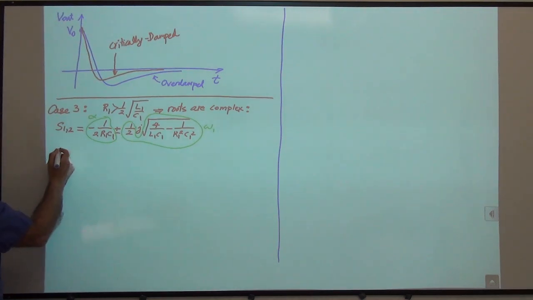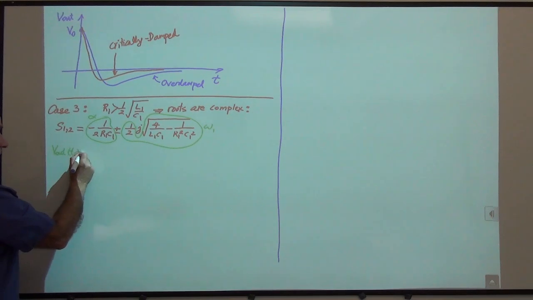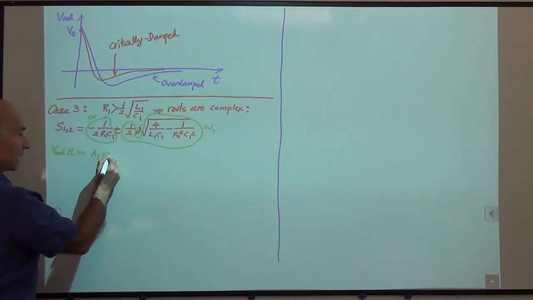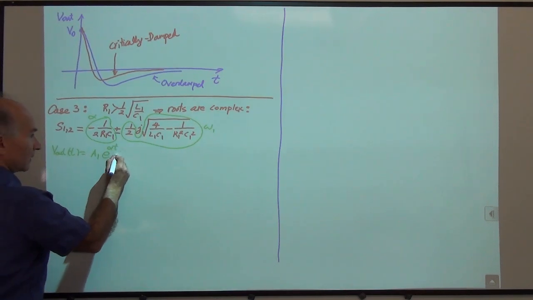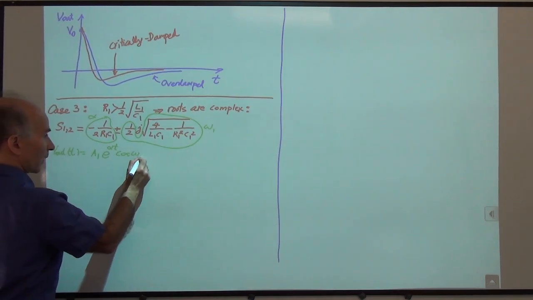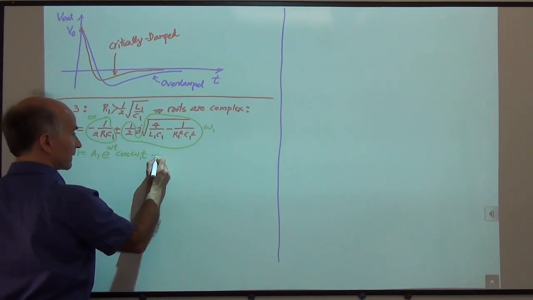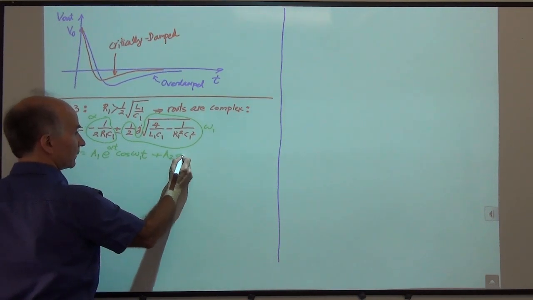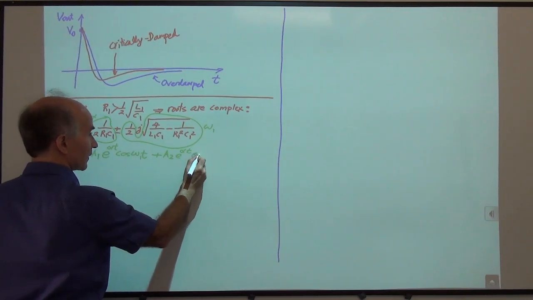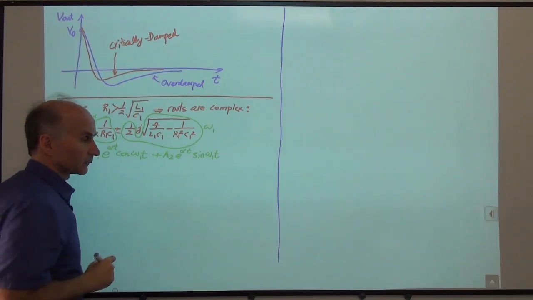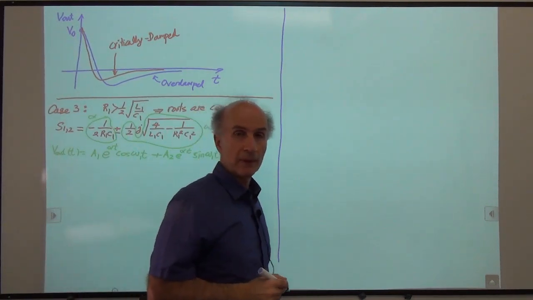And then we say our response, V out of t is equal to a1, which we don't know yet, e to the alpha t cosine of omega 1t, omega 1 is this number here, plus a2 e to the alpha t sine of omega 1t. All right?